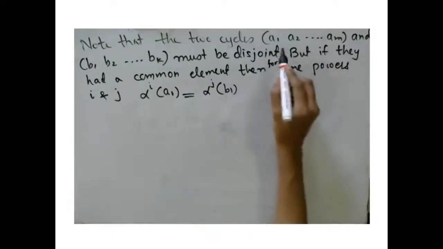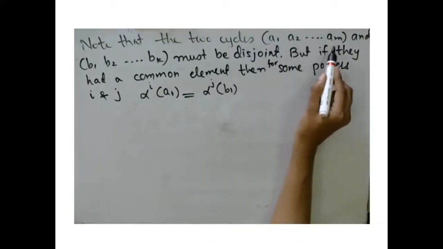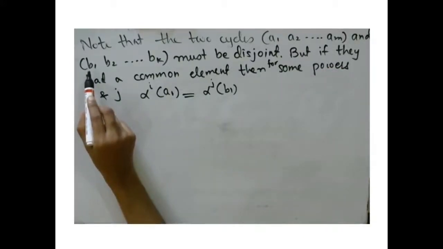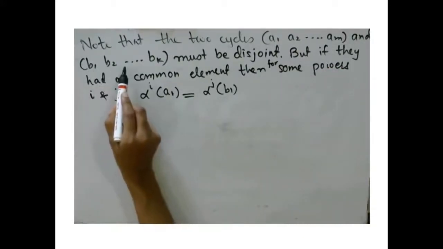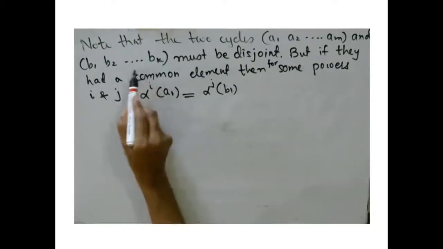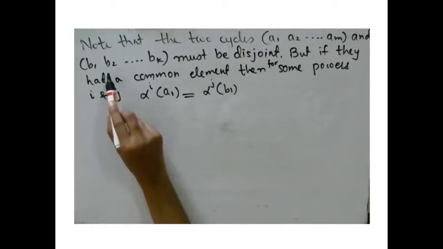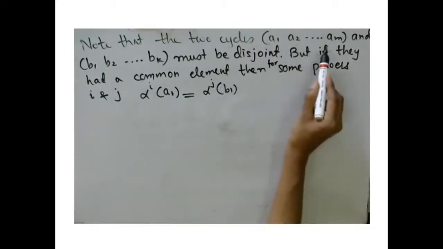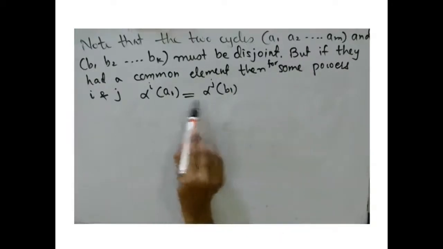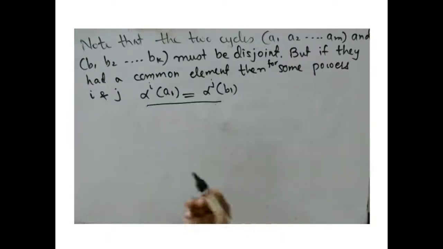Because in the first cycle you have A1, then alpha square of A1, alpha cube of A1, alpha raised to m of A1, and so on. And in the second cycle you have B1, alpha of B1, alpha square of B1, and so on. So all the powers of alpha acting on B1, and here all the powers of alpha acting on A1. So if they have a common element, you must have this condition.